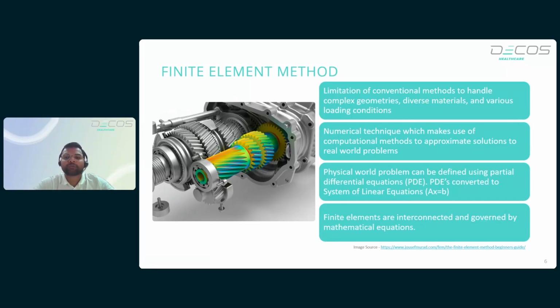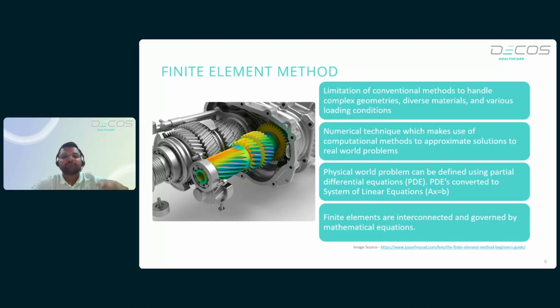Okay. Most physical world problems can be converted to partial differential equations. For example, a fluid flows from one point to another because of the difference in pressure. Two bodies exchange heat among themselves because of the difference in temperatures. Similarly, in electrical terms, current flows from one point to another just because of the difference in voltage between the two points.